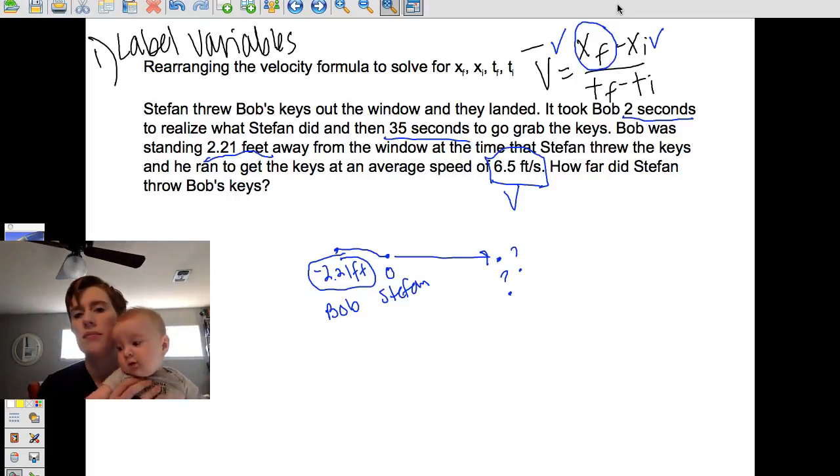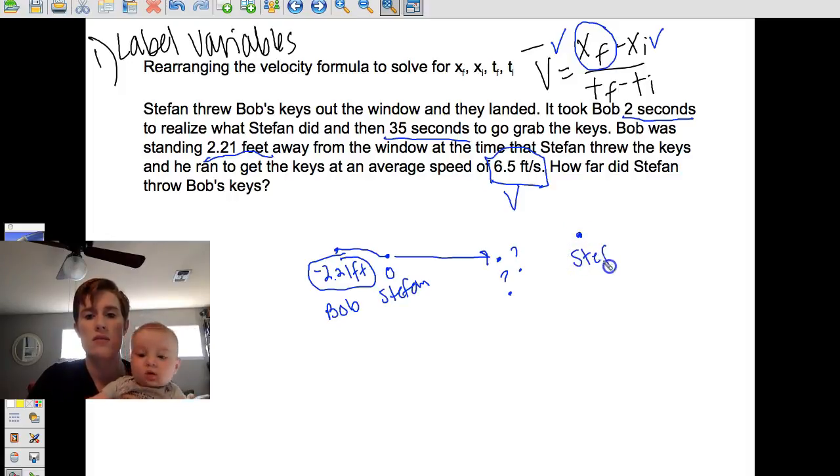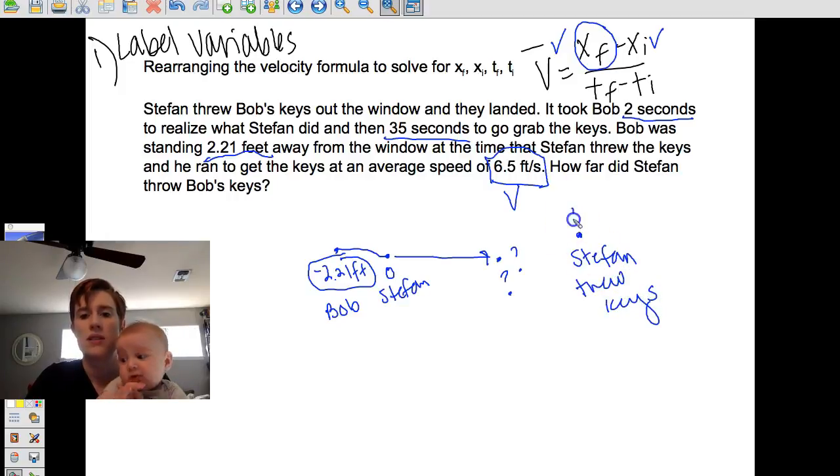Okay, now let's look at time. We need to find the final time and the initial time. Well, it says it took Bob 2 seconds to realize what Stefan did and then 35 seconds to go grab the keys. So let's draw another graph right here. Stefan threw the keys at 0 seconds. 2 seconds later, Bob realized, oh no, I need to go get them.